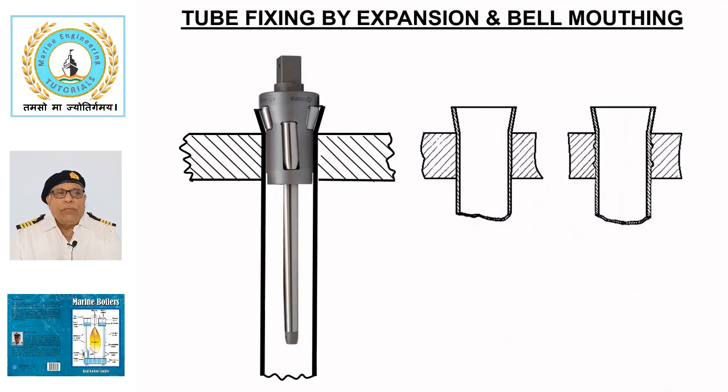Tube fixing by expansion and bell mouthing. The sketch shows 2 types of seat arrangements in tube plate of water tube boilers and methods of their tube attachment by expansion and bell mouthing.